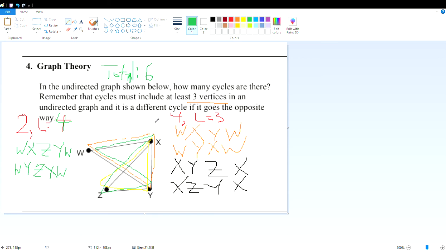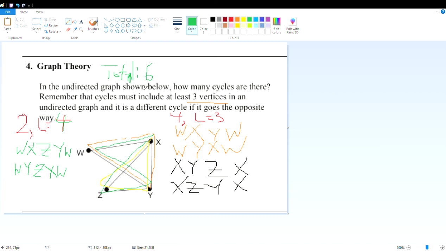Okay, 6 cycles. So these are paths that start at one node or vertex and then come back to the same node or vertex. And we need to keep in mind that the total number of cycles must be an even number. So in an undirected graph, you can't have an odd number of cycles.